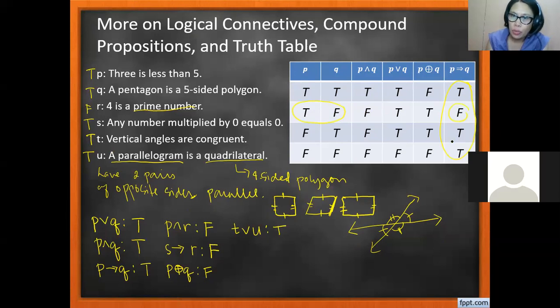So everything is true, whatever the truth value of the premise and the conclusion. So what we just have to watch is the premise is true and then the conclusion is false. So if P then Q will be a false statement. Otherwise, the rest will be true. Kung true yung premise, it should be a true conclusion. If it's a false conclusion, then it must be a false statement. Now, if the premise is false, regardless if the conclusion is true or false, it will still then be a true statement.